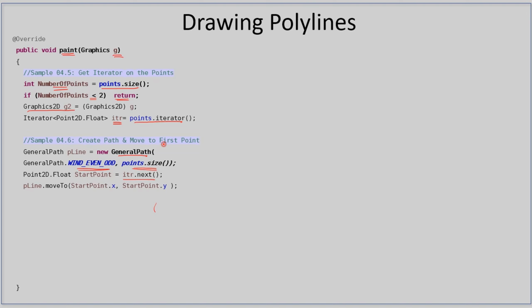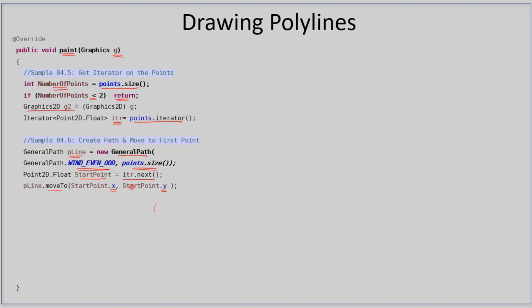using the iterator.next, which will give us the first point, and we call that the start point. Then this is the general path instance, right? PLine, we call it PolyLine PLine. PLine dot moveTo. From the start point we are giving the x and y location.